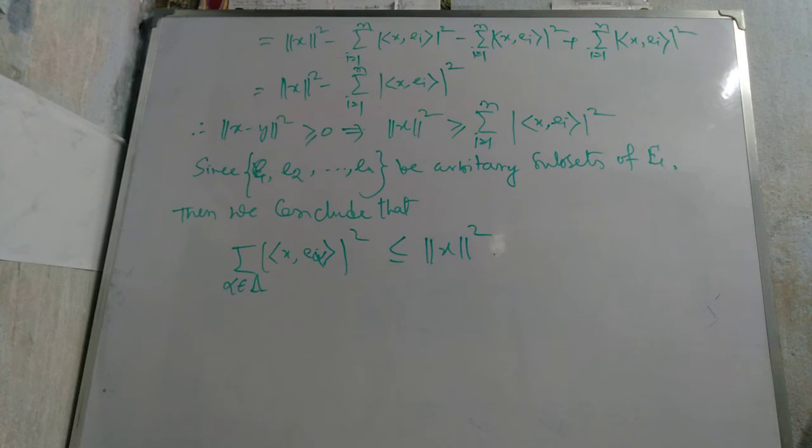If E alpha is a countable orthonormal set in an inner product space, then the summation of the mod of the inner product of x with E alpha, squared, is less than or equal to the norm of x squared.